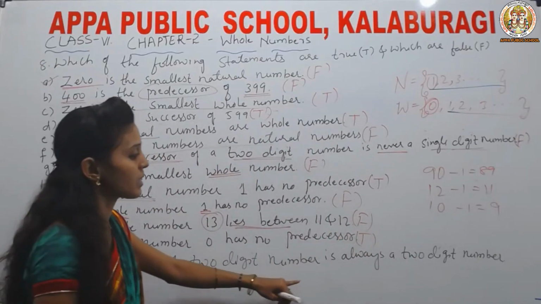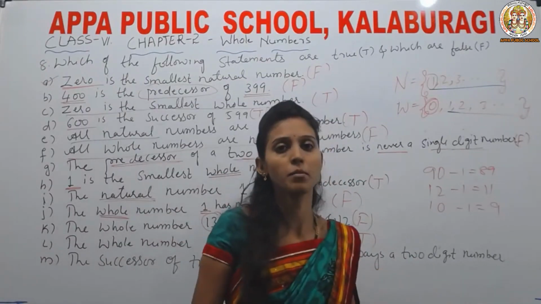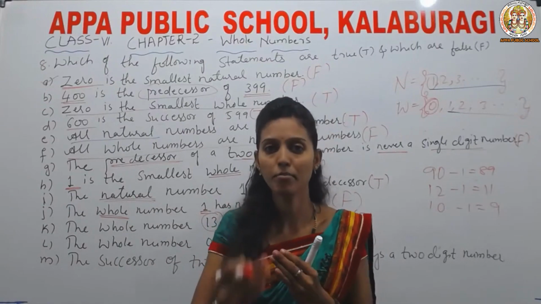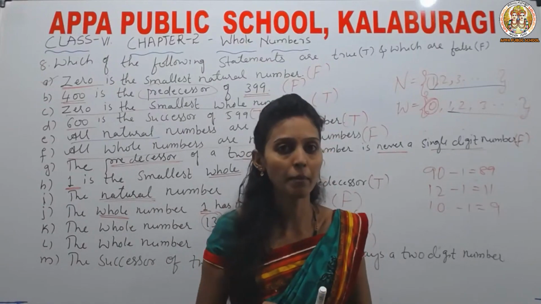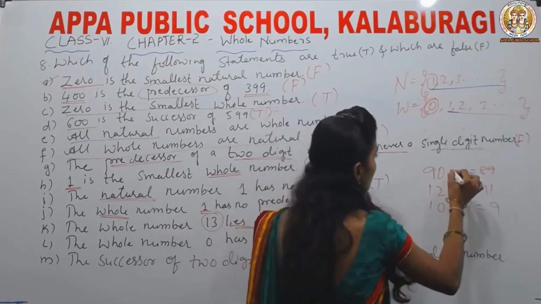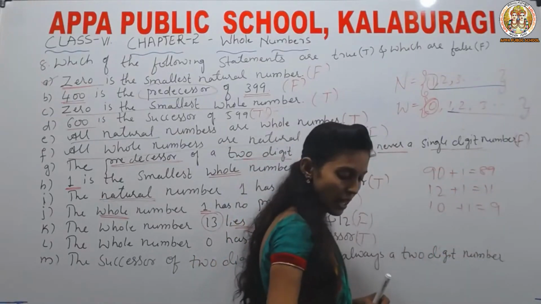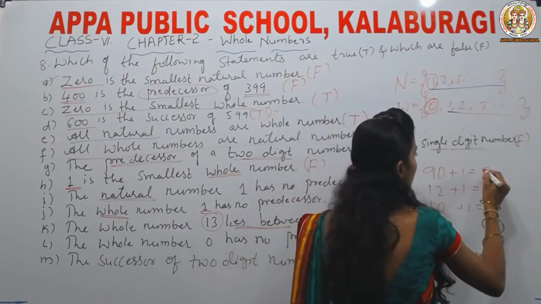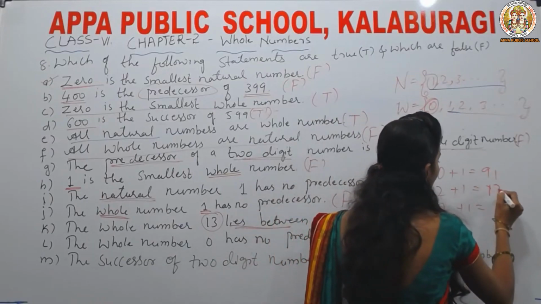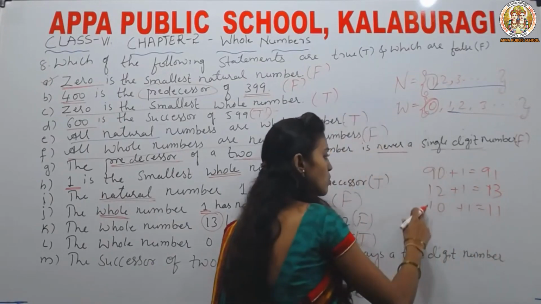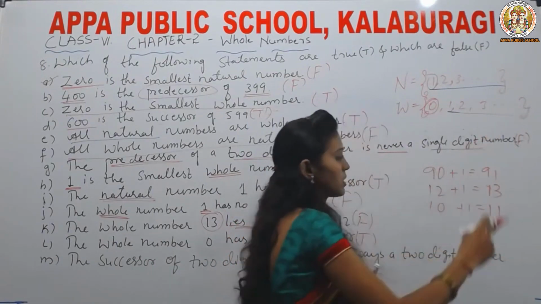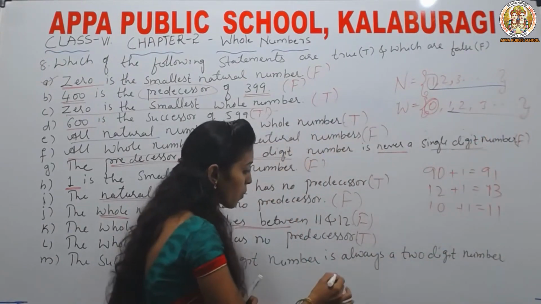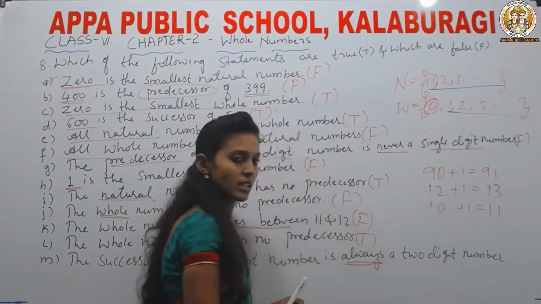Next, again the same thing. The successor of a 2-digit number is always a 2-digit number. Successor means one step forward, adding 1 to the given number. For example, 91, 30, 11. These are also 2-digit numbers. But they used the word always.